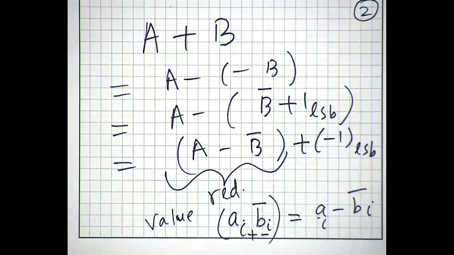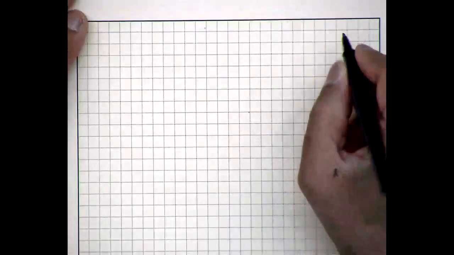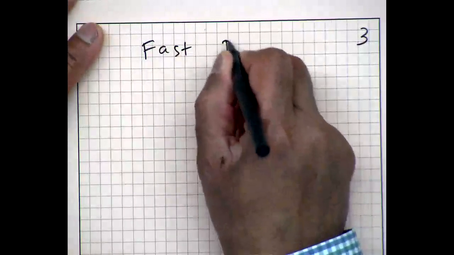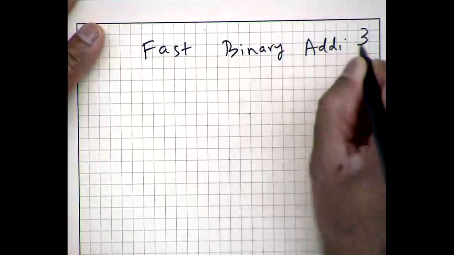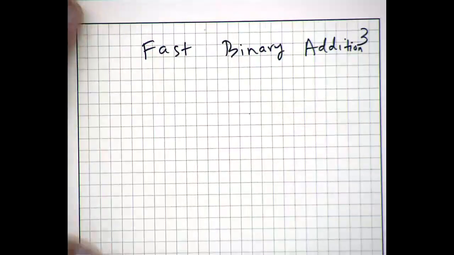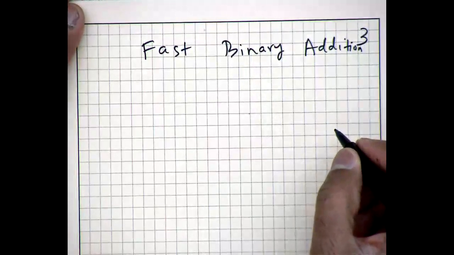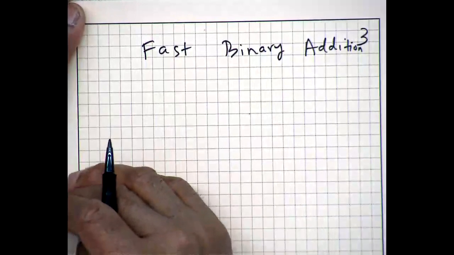Okay, so I want to spend a little time talking about fast binary adders. So what is the process to add numbers quickly?